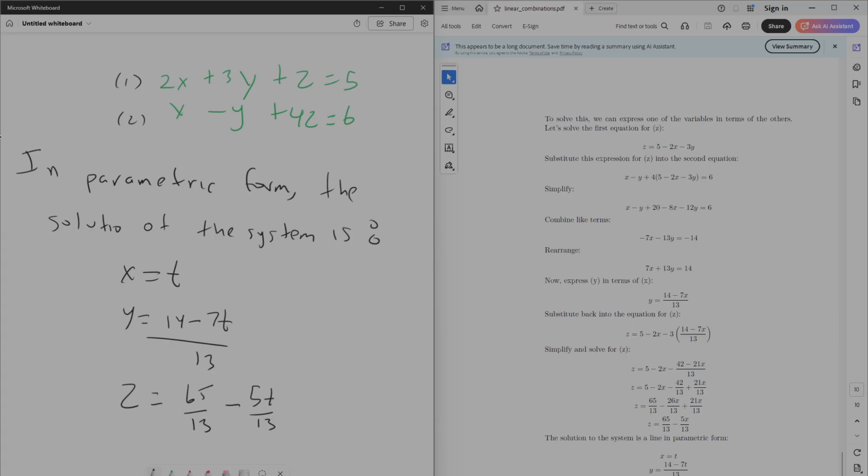As you can see, x, y, and z are in terms of t, so it's in parametric form.